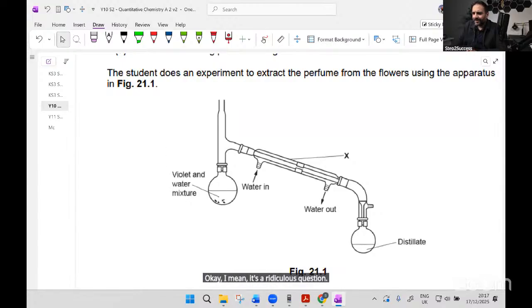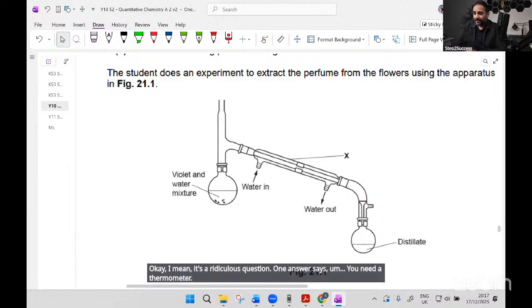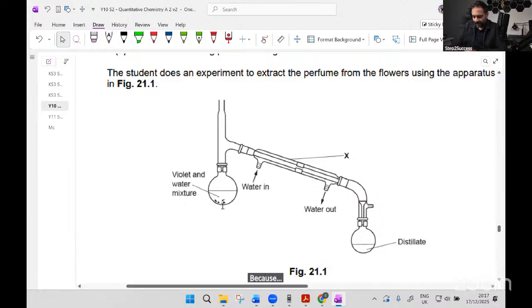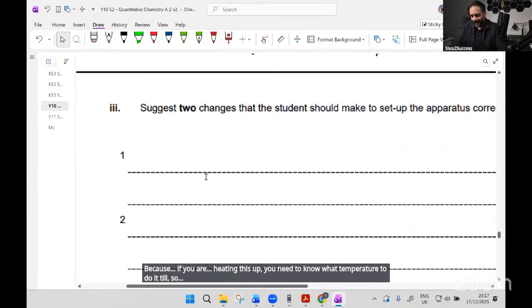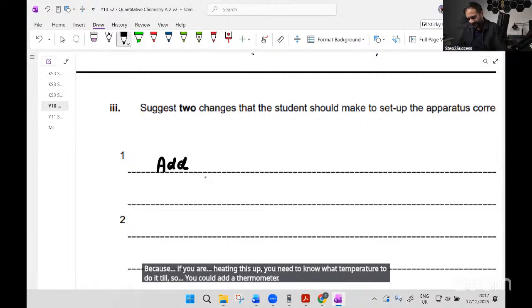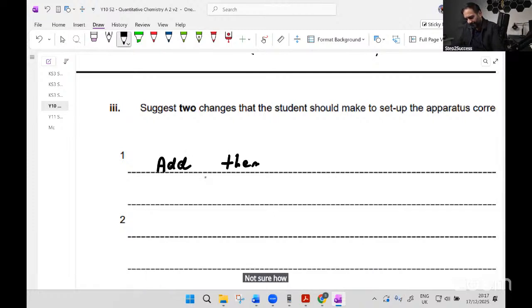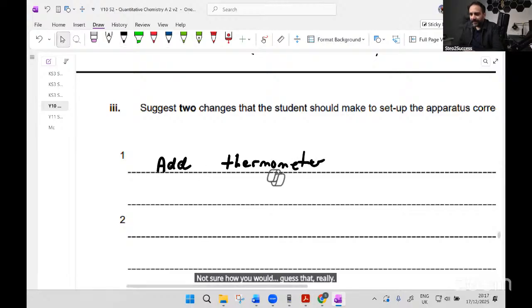One answer says you need a thermometer, because if you are heating this up, you need to know what temperature to heat it to. So you could add a thermometer. I'm not sure how you would guess that really.